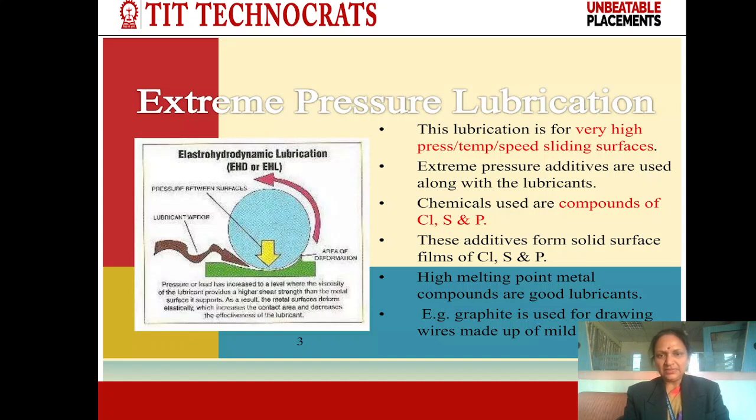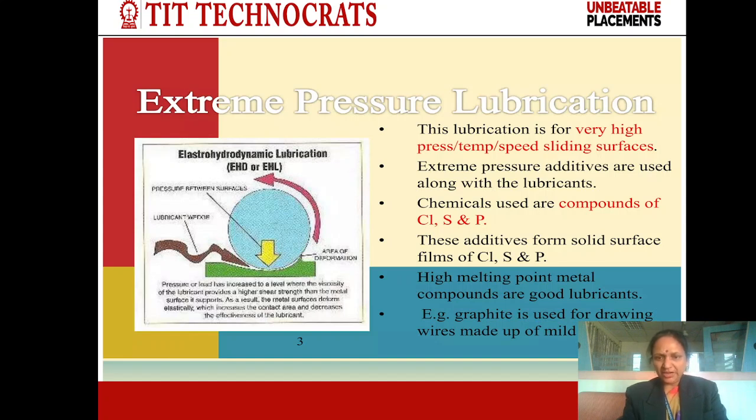We again revise. This lubrication is for very high pressure, temperature, and speed between two sliding surfaces. Extreme pressure additives are used along with the lubricants. Chemicals used are compounds of chloride, sulfide, and phosphide, and as a result they form metal chloride, metal sulfide, and metal phosphides, which are solid surfaces.